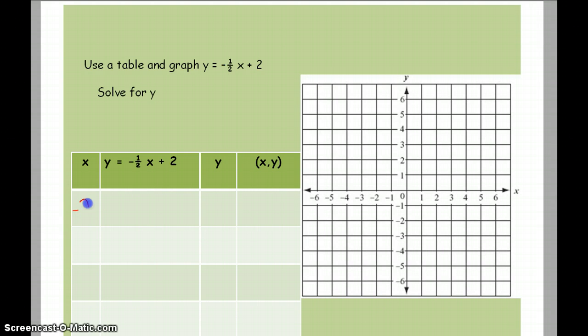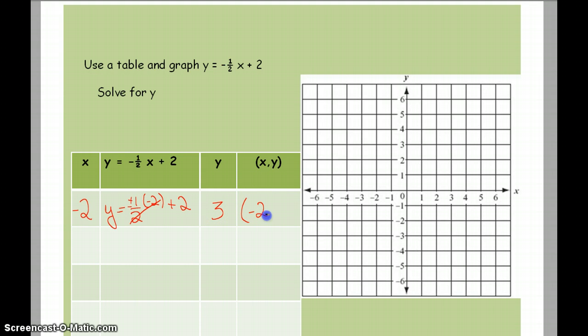I'm going to start with a negative 2. So now I have y is equal to negative 1/2 times negative 2, then plus 2. Negative 1/2 times negative 2 gives me a positive 1. Positive 1 plus 2 is 3.